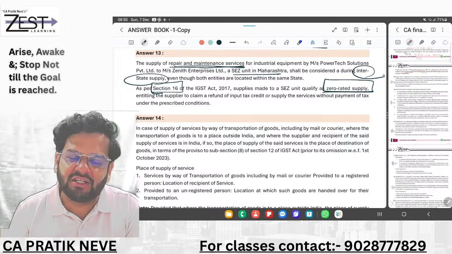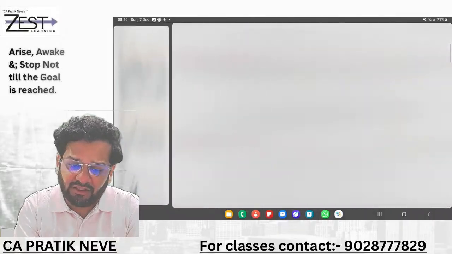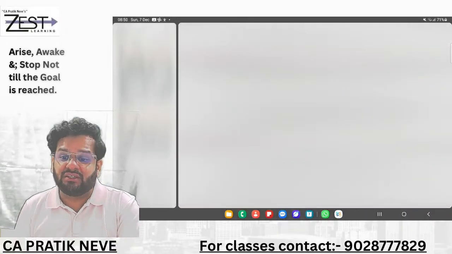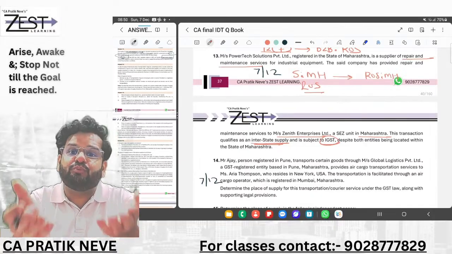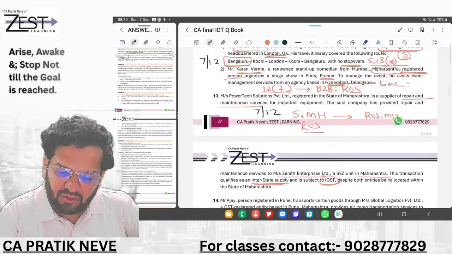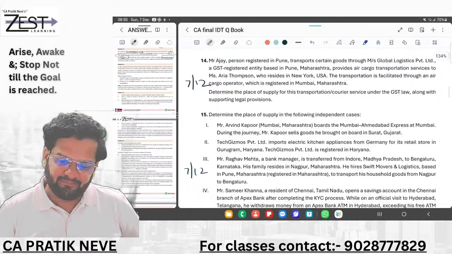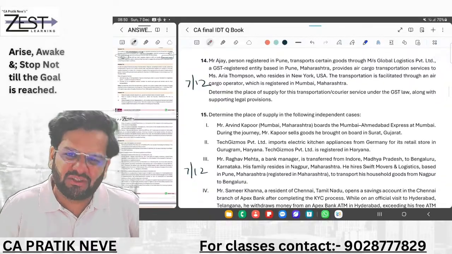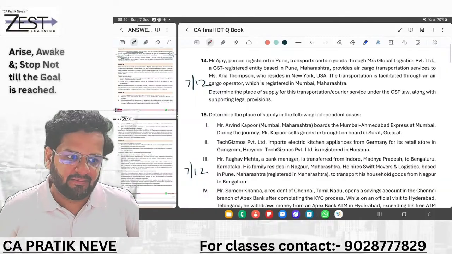So there will be no GST on this. Further, to provide such service, if any inputs are received, then the supplier will be eligible to claim ITC. So we wanted to tell you that fact. So we have put it as question number 13.